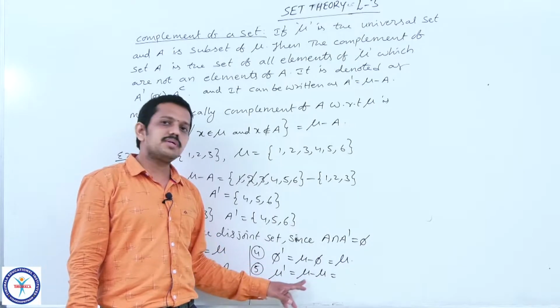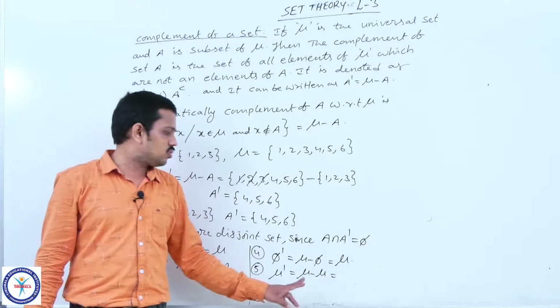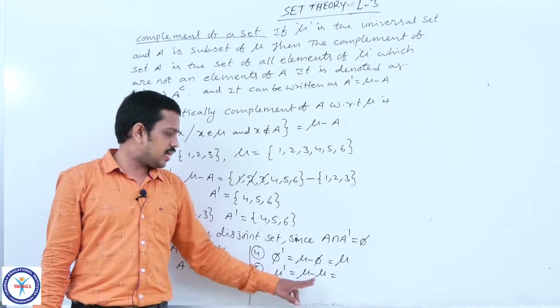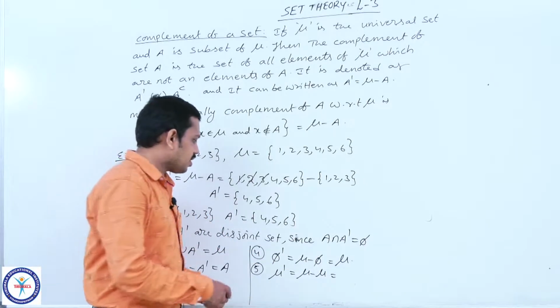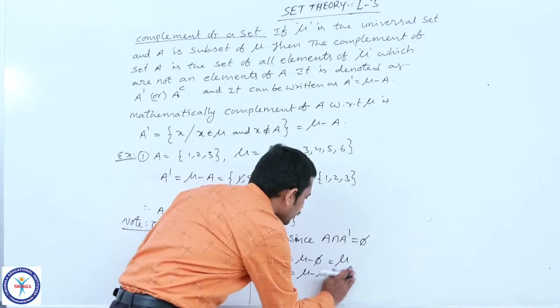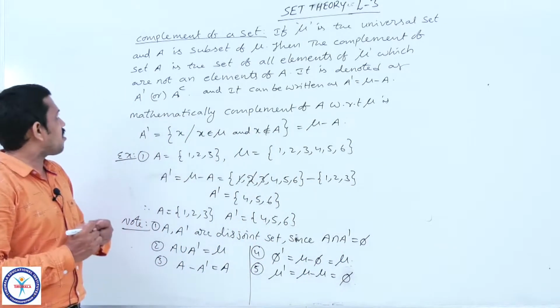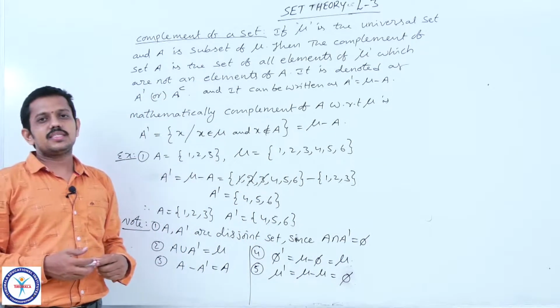But here all elements are common, so there is no element which is not common to these two sets. Here the two sets are equal. So therefore mu complement is always equal to phi. So these are the properties of the complement of a set.